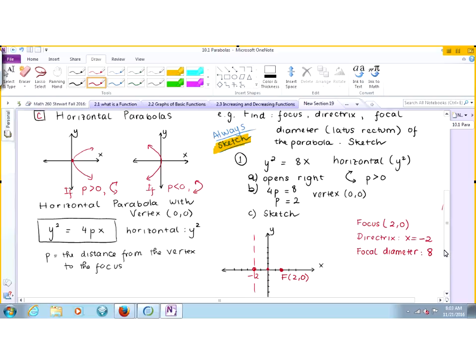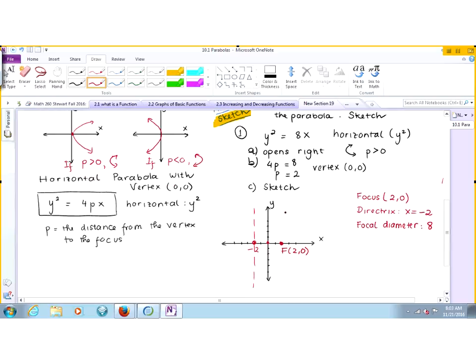How do I split up my 8? 4 up and 4 down. So 4 up is 1, 2, 3, 4. I'm going to label this point (2, 4). And I'm going to go down 4, so this is (2, -4). This is how I'm going to draw my parabola.